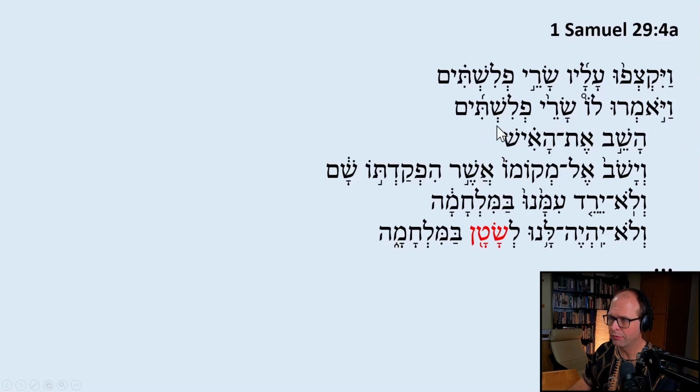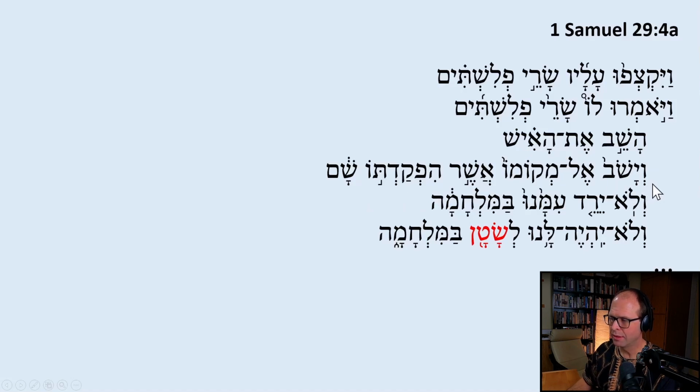The commanders of the Philistines said to him, Hashev et ha'ish, send back the man, meaning David and his people. V'yashov et mikomo asher hifkadto sham. So send back the man that he may return.